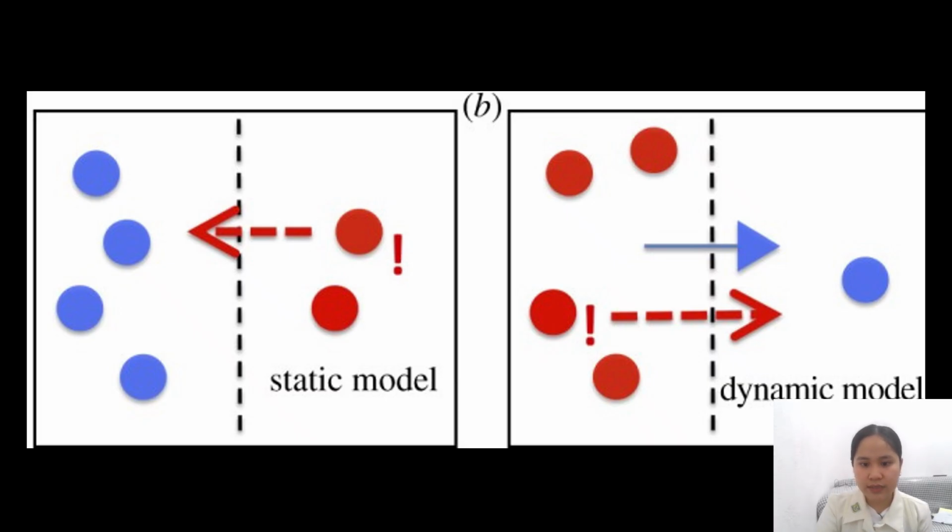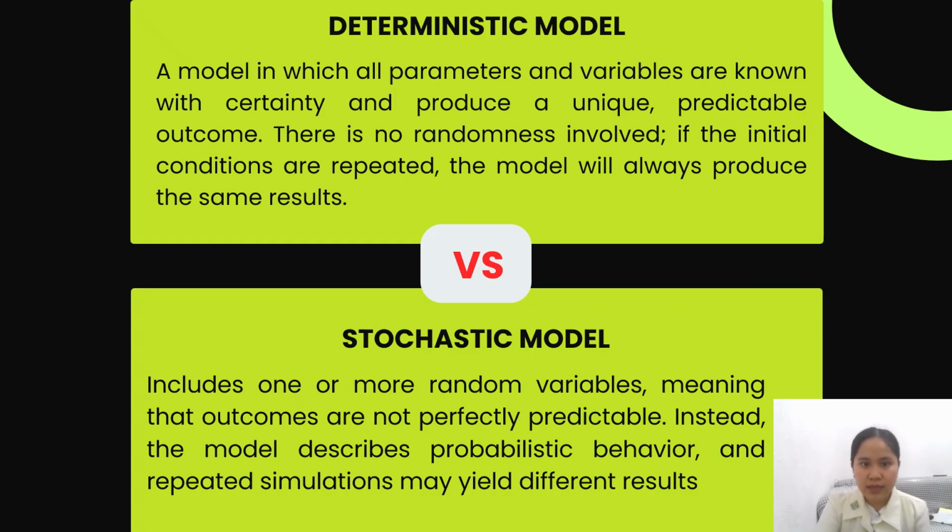So next, yung deterministic model and stochastic model. Deterministic model is one in which all parameters and variables are known with certainty and produce a unique, predictable outcome. There is no randomness. Remember that there is no randomness involved. If the initial conditions are repeated, the model will always produce the same result or outcome.